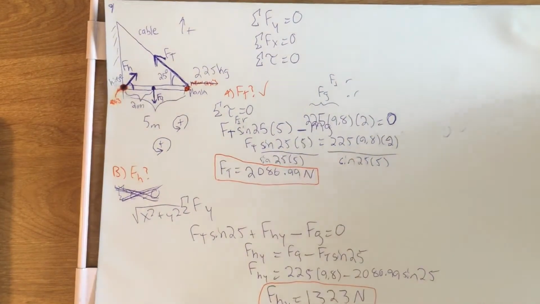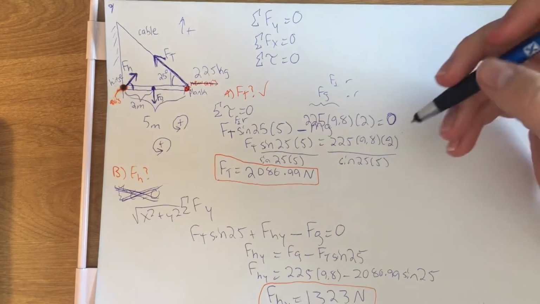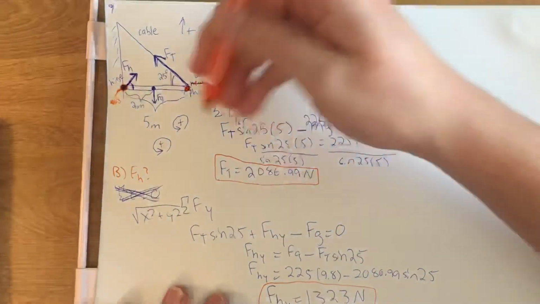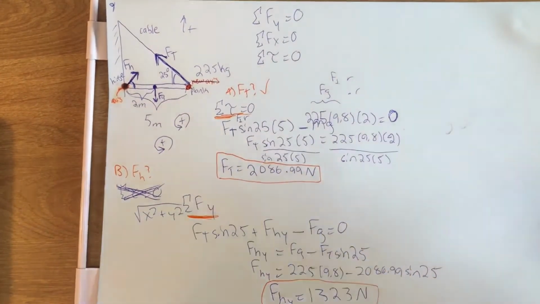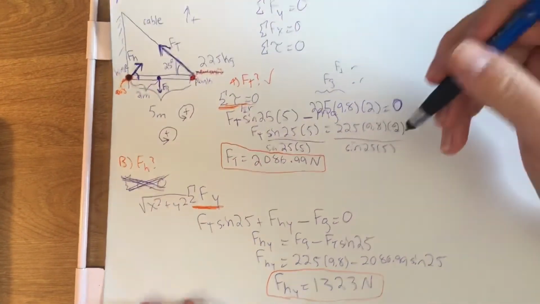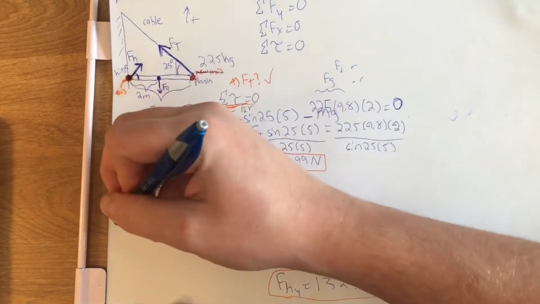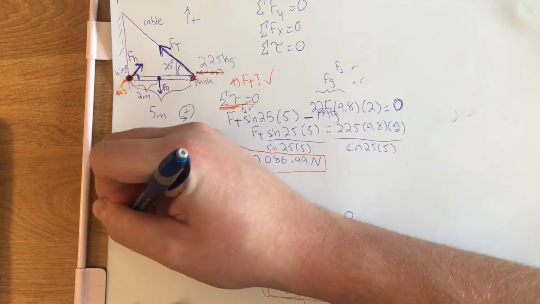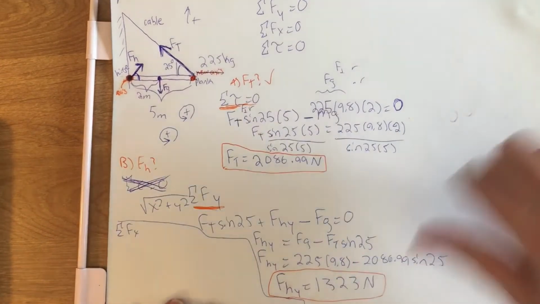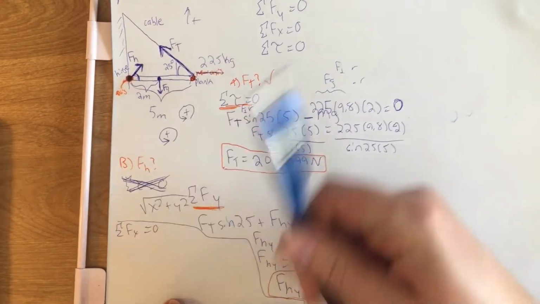Now, let's look in the x direction. Let's do the sum of my forces in the x direction. So this was torque. This was the y direction. Now we're going to look at the x direction. And I think I'll have enough room if I do it down here. So the sum of my forces in the x direction equals 0.